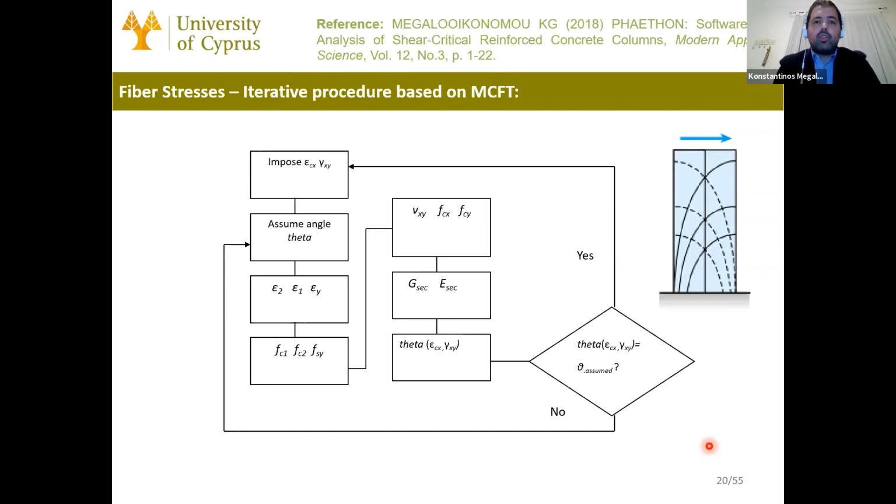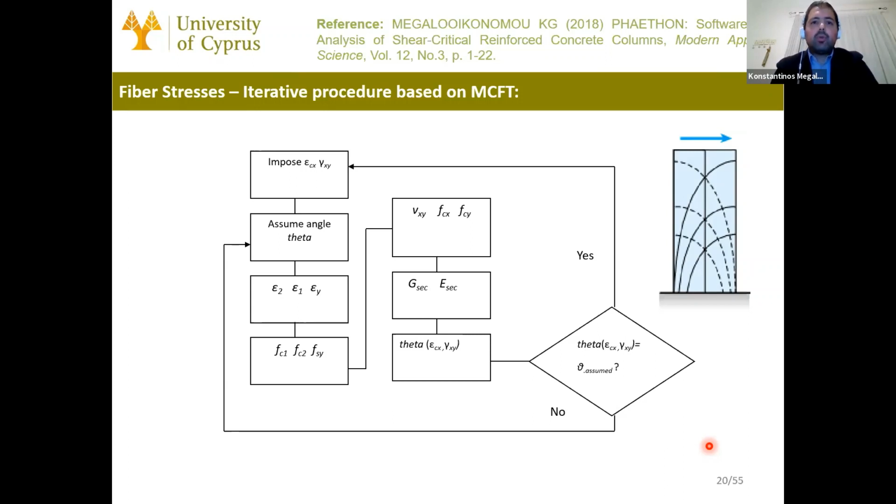And this procedure converges to the angle of the principal directions for stress and strain. The transversal concrete stress, in this case, is calculated through equilibrium, considering a zero normal stress in the y direction.